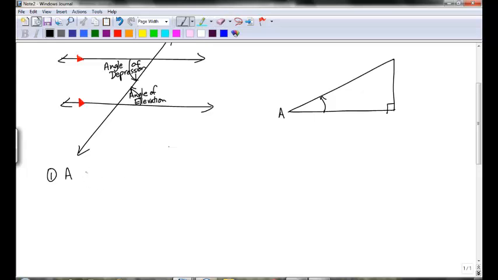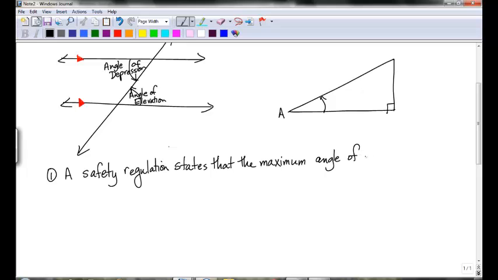A safety regulation states that the maximum angle of elevation for a rescue ladder is 72 degrees.